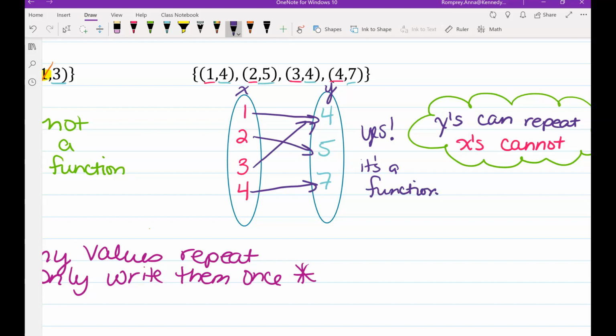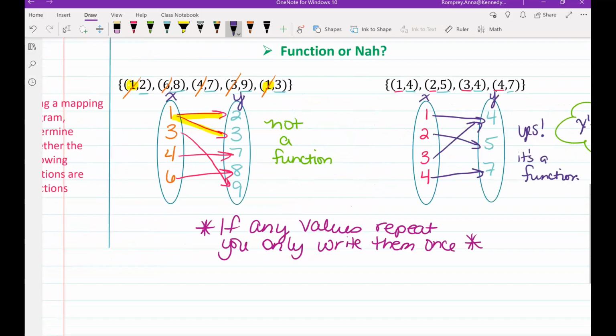Now look, this y repeats, but that's okay, because if we were to graph this, it would pass the vertical line test, and I'm going to show you that later. The y is allowed to repeat because each x only goes to one y. So y's can go to 2 x's, that's fine, that's not the issue. Each input has to have its own output. That's what's key. Okay. I will see you back here tomorrow.